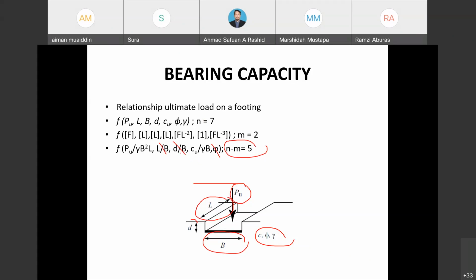For example, if we want to investigate more related to B, we can have a derivation based on B. For example, for this case, the author used B, and also this is B. If we want to look more at the length, then this might be B over L, or D over L, or this will be Cu over gamma L, while this is Pu over gamma L to the power of 3. So it depends on what your interest is. Okay, so that is for the bearing capacity.